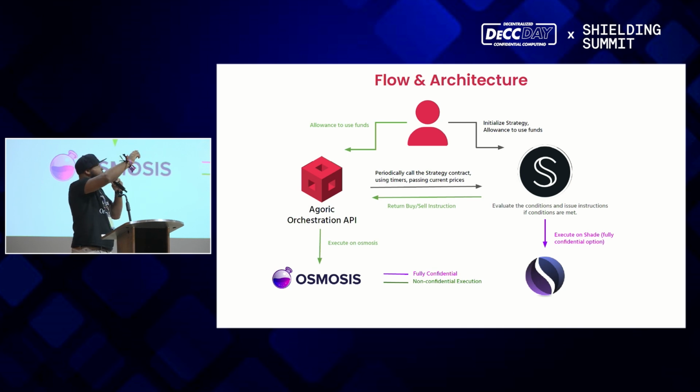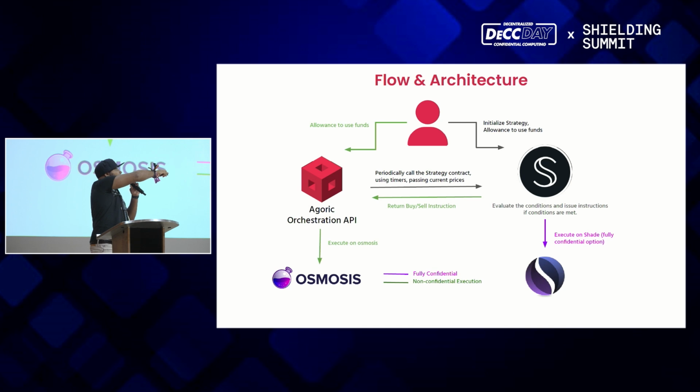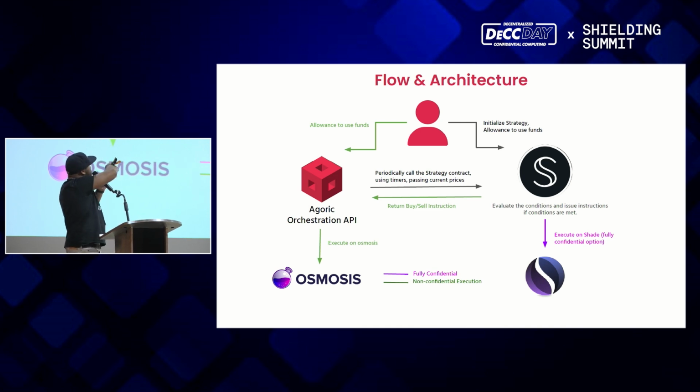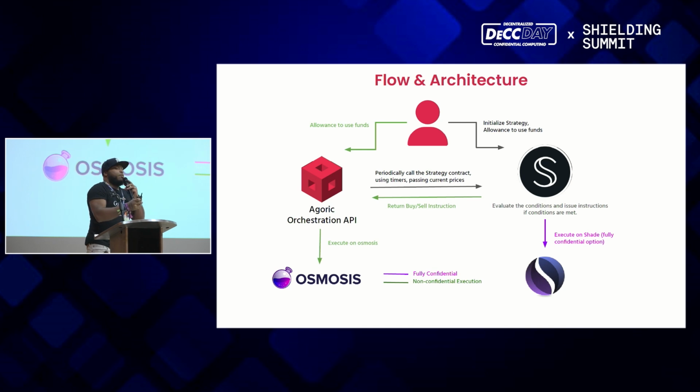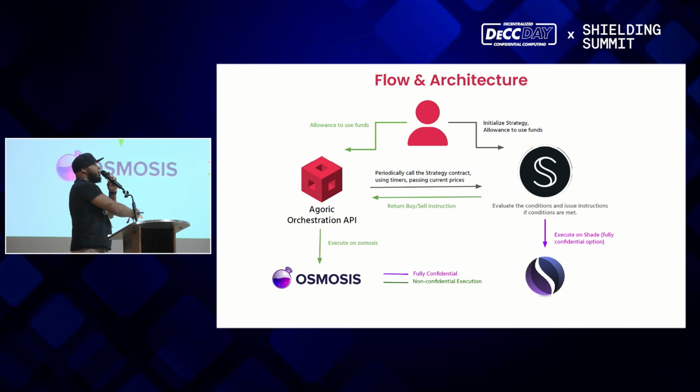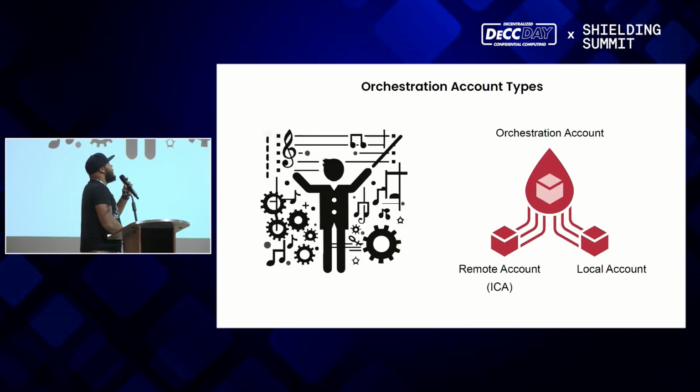And I love CosmWasm. If you want to do a fully confidential trade, you use ShadeSwap. If you want to do a cross-chain trade on other chains, you use something like Agoric. In this POC that we're doing, we're using Osmosis. Make sense? You can interrupt me at any point in time.